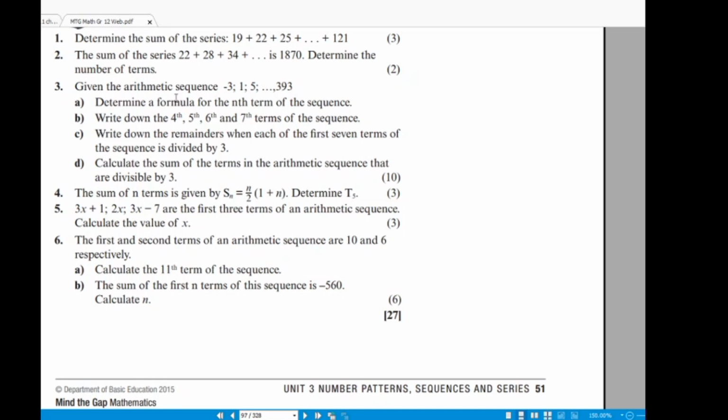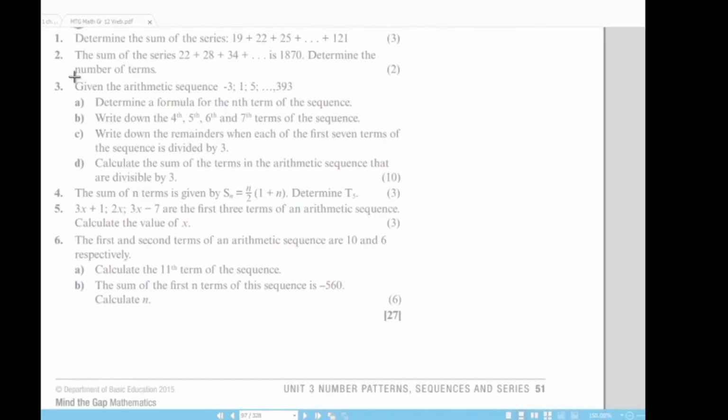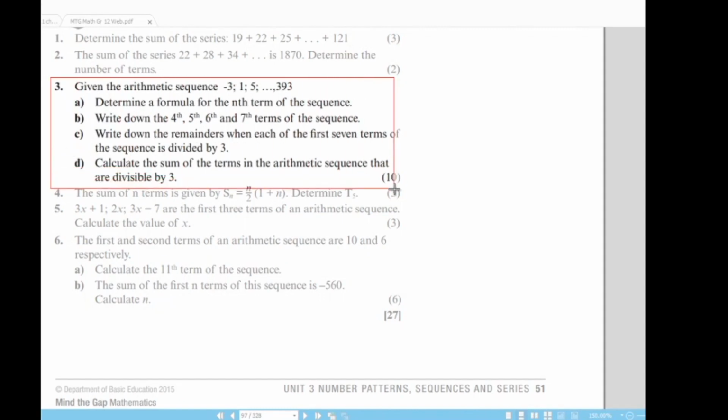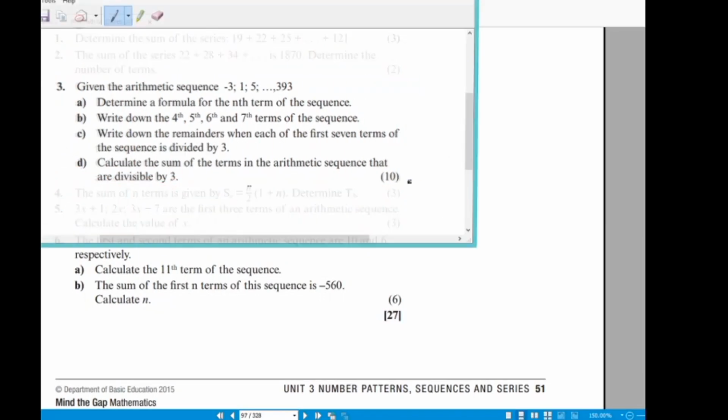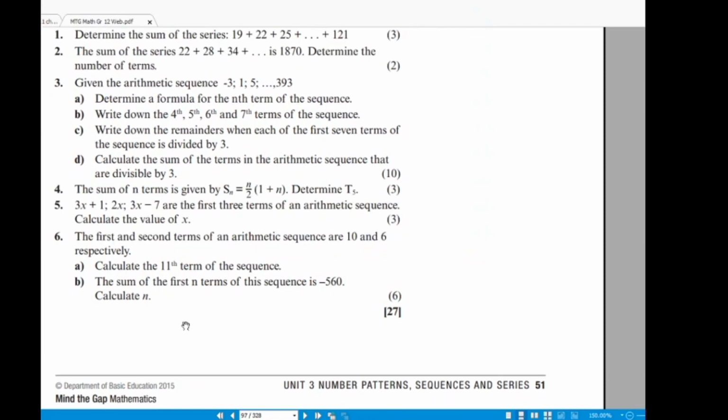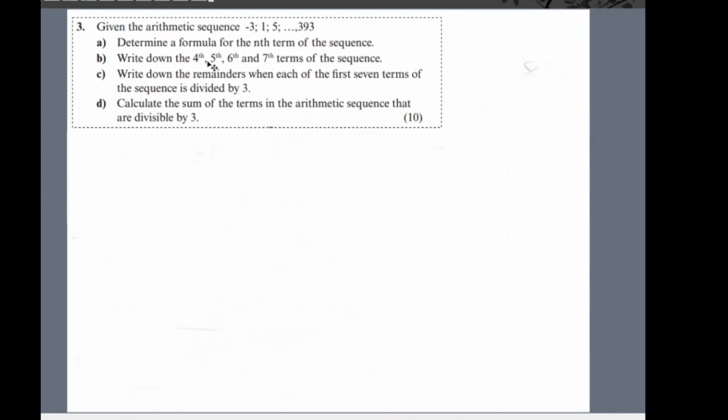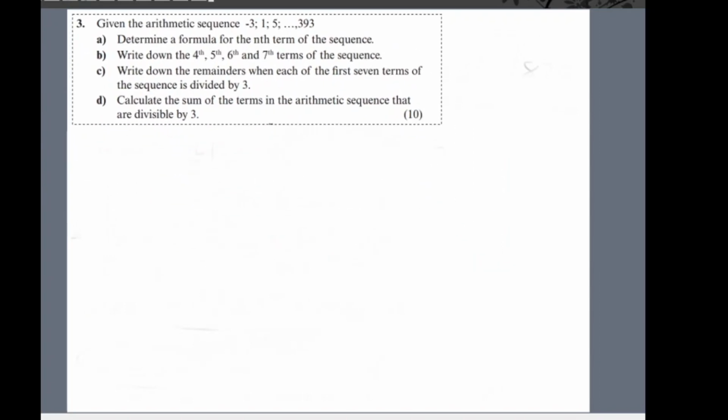So they are telling you that you have an arithmetic sequence there, therefore you know that you have a constant difference, right? So you will use the formula Tn is equal to a plus n minus 1 times d, right? Because they tell you it's an arithmetic sequence.